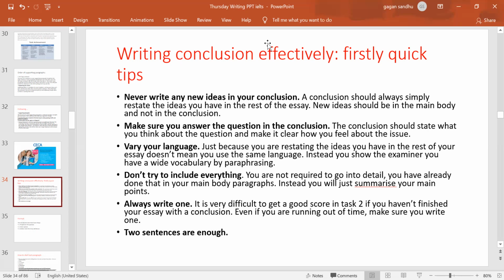Vary your language. Never restate your ideas in the same language. Instead, show the examiner you have a wide vocabulary by paraphrasing. I told you three techniques to paraphrase, so you can implement those techniques here as well. For the conclusion, you can paraphrase the introduction, right?